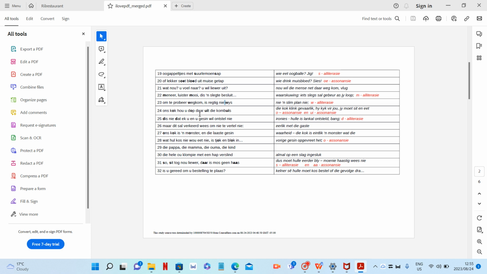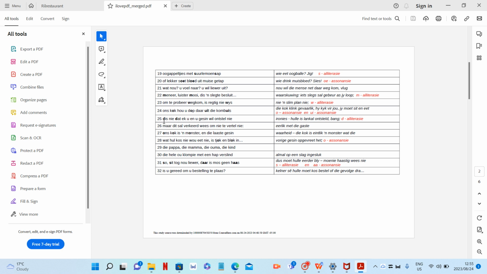Ons kok hou op top daar uit die kombuis. So you see assonantie twice here. Kok and top is assonantie, and the UI and the UI here uit die kombuis. So it's assonantie. It means the cook is watching you from the kitchen. Dis nie dat ek uw gesin wil ontstel.